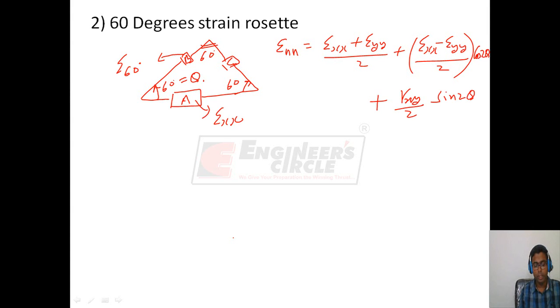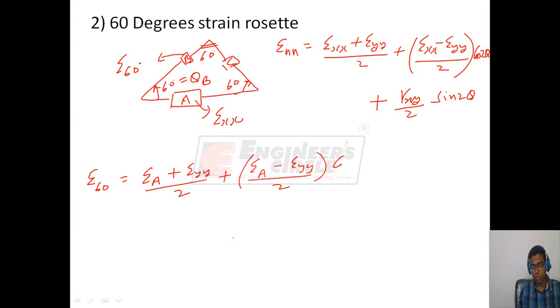This is theta B. So we can put epsilon 60 degree is equal to (epsilon A plus epsilon yy)/2 plus (epsilon A minus epsilon yy)/2 into cos 2 theta B plus gamma xy/2 into sin 2 theta B. Similarly, for strain gauge C, we measure angle theta C. Note that the angle is measured from the horizontal direction and positive in counterclockwise direction.